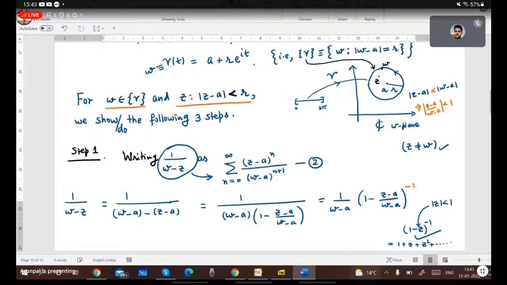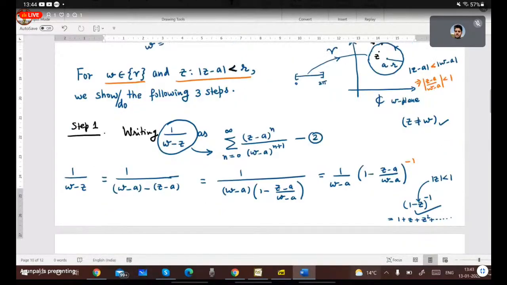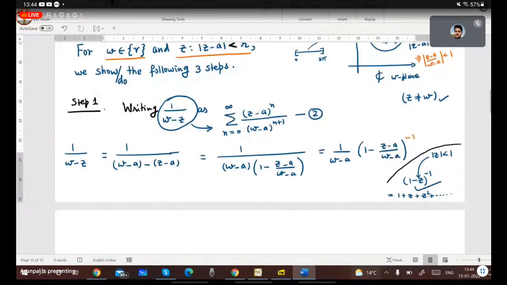Yes or no, class? All of you know this. This you have done at your undergraduate level. So here my Z is now this. You can see its modulus is less than 1. Is this okay, class?